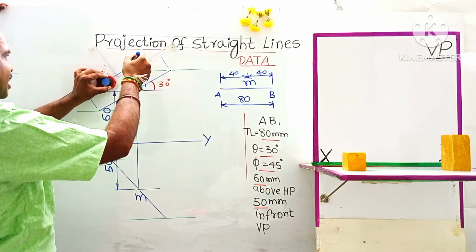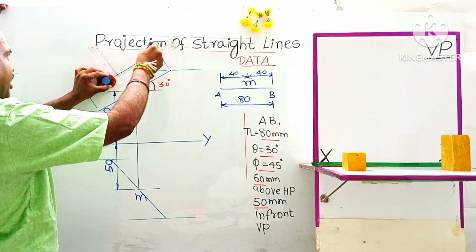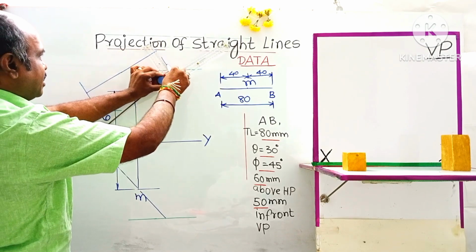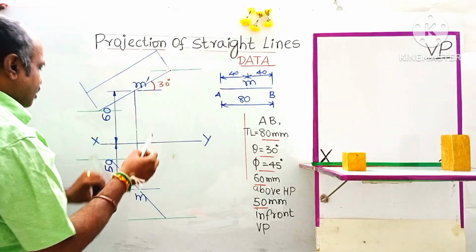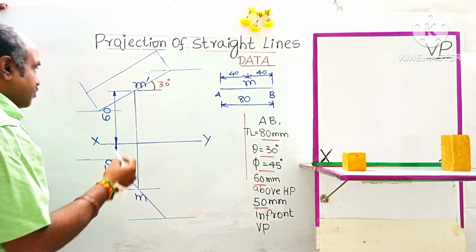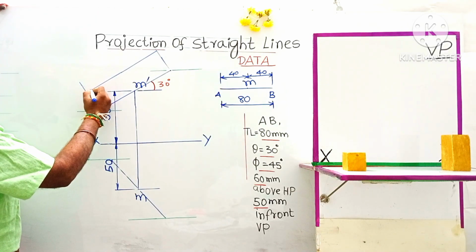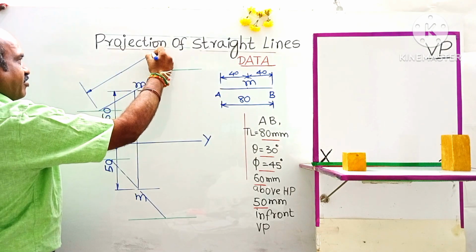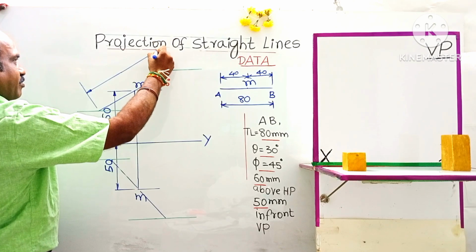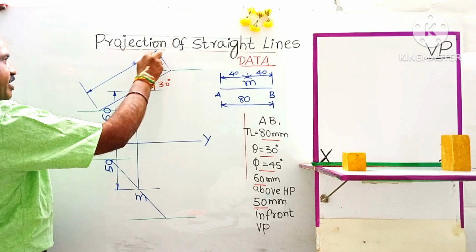This is a dimension line I am drawing parallel to the inclined line. It will be the same as the inclined line length. Put two narrow arrowheads, shade them, and write the length of the straight line as 80 mm. 80 shall be written at the center of the line, above the line.